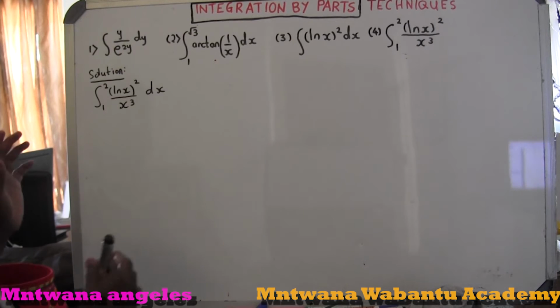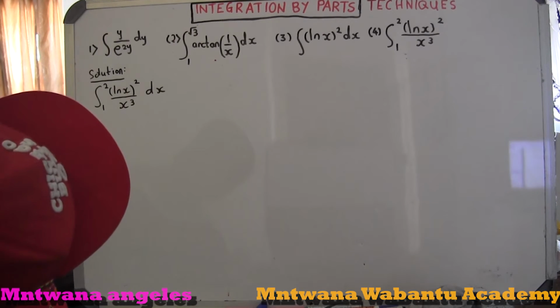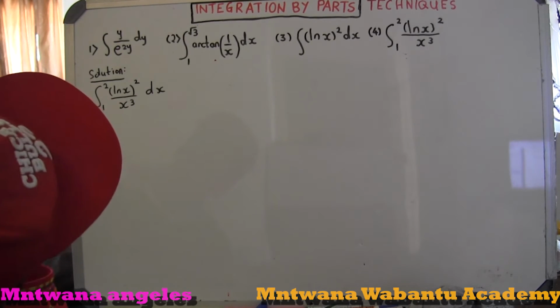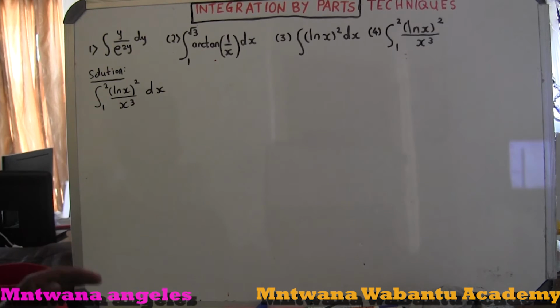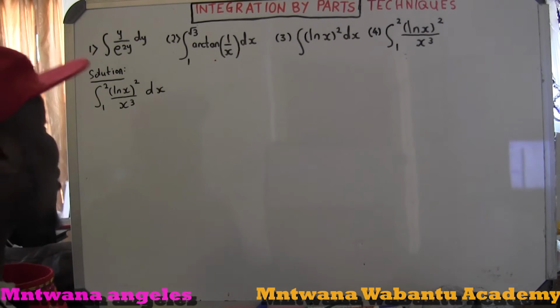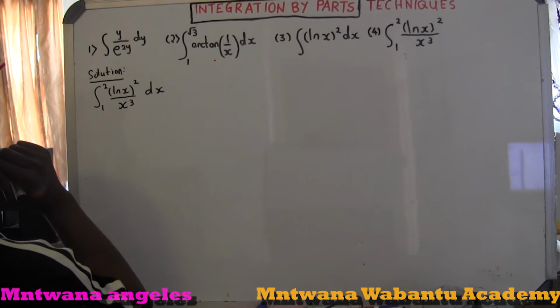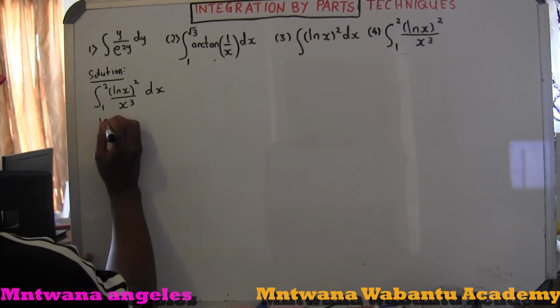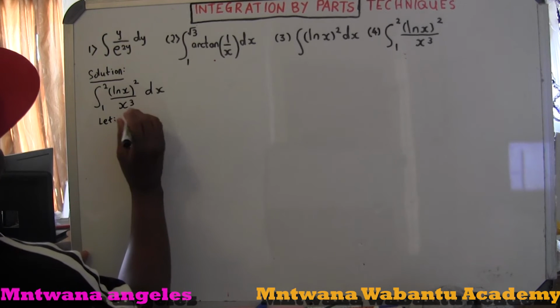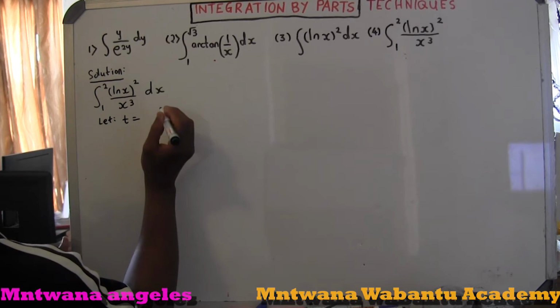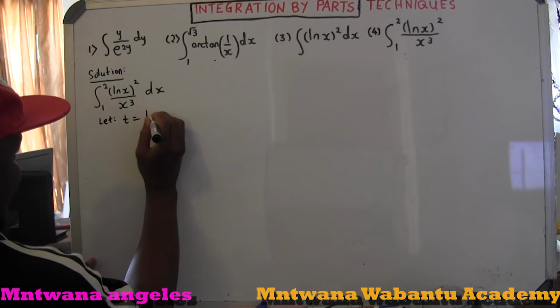First and foremost, I'm going to look at it and say I need to break it into substitution and see how I can rearrange. So I'll say, let t equal ln of x.